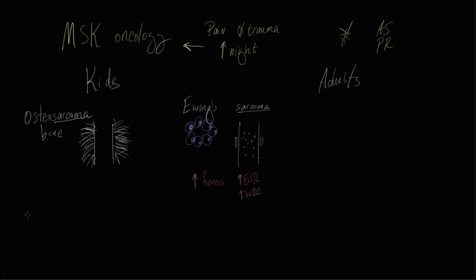There are some genetics you do need to know for this exam. For osteosarcoma, you need to know the retinoblastoma gene and P53. P53 also will put you at risk for breast cancer.